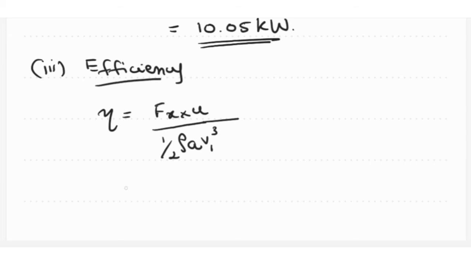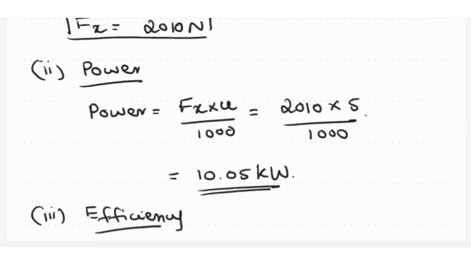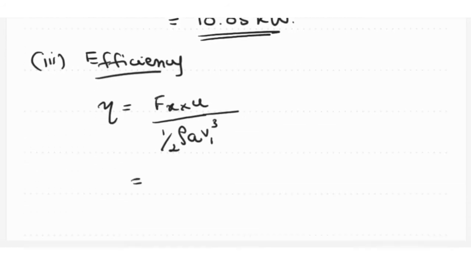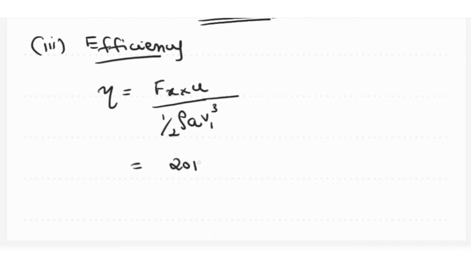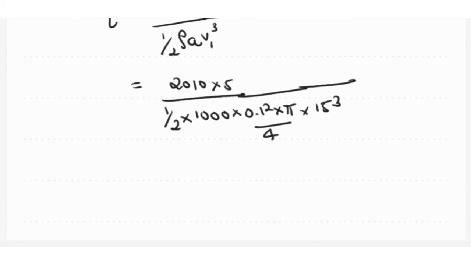If you substitute here the values, so Fx into u, that is 2010 into u is 5 divided by half into 1000 into area is 0.1 square into pi by 4 into v1 cube, so that is 15 cube.